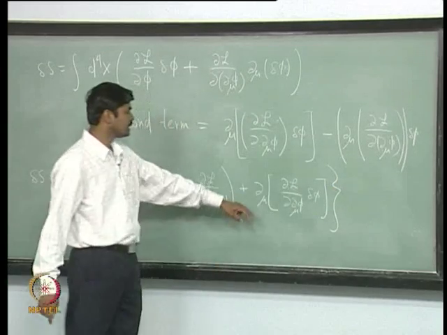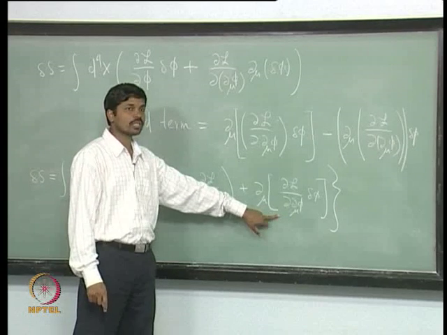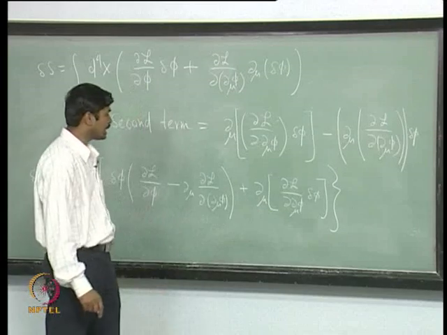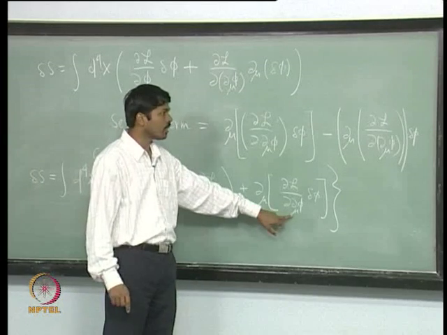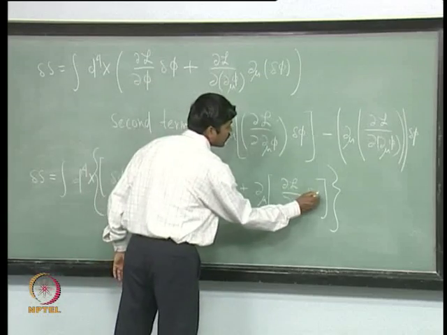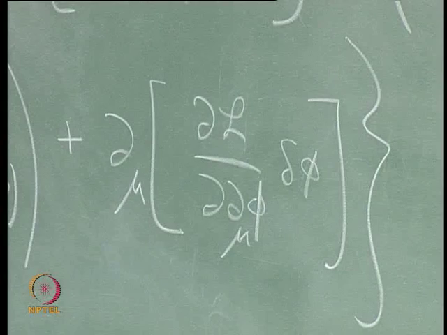Now, you can see the second term is a total derivative. So, we can use the Gauss divergence theorem and then we will get an integration at the boundary. However, we require that the variation of the field at the boundary vanishes.